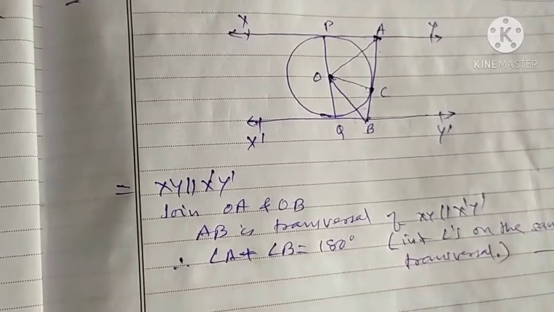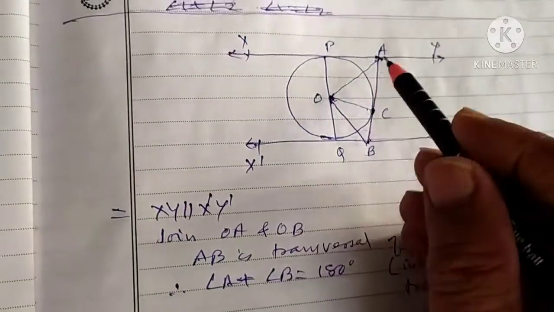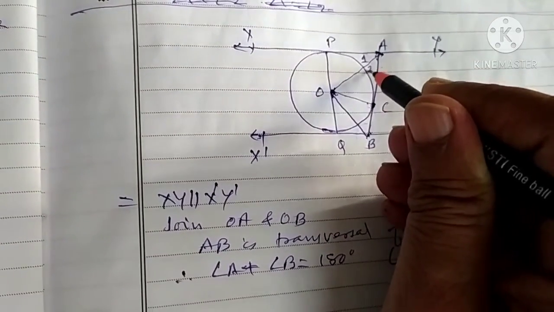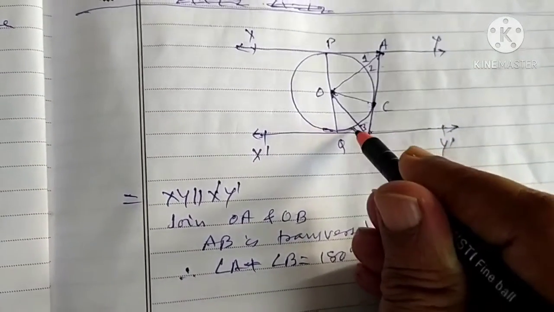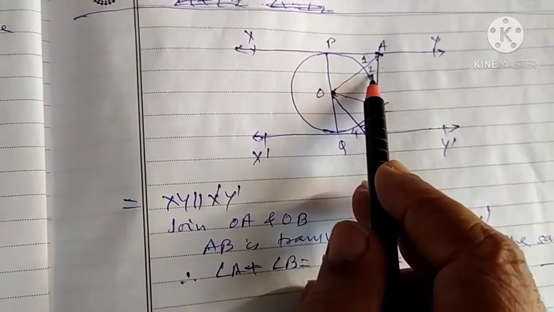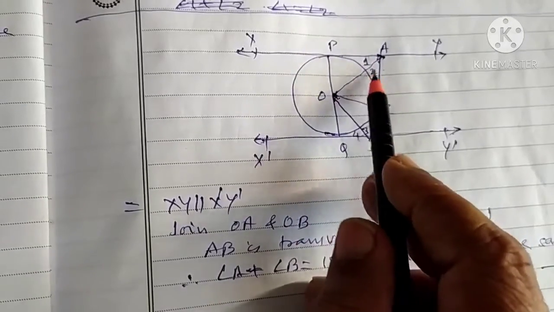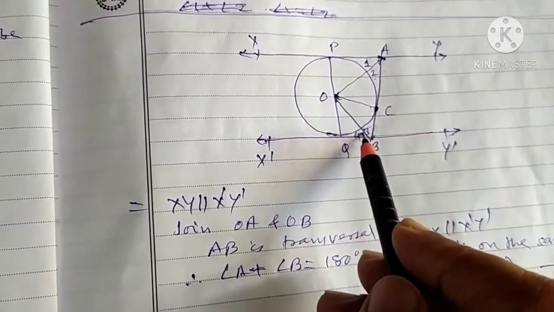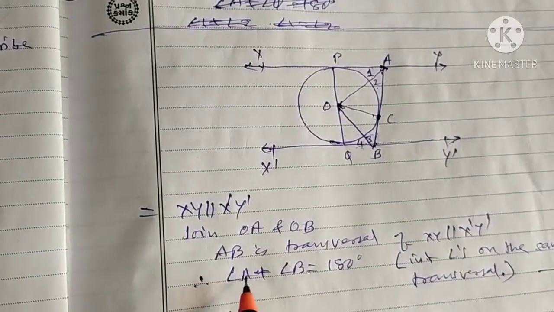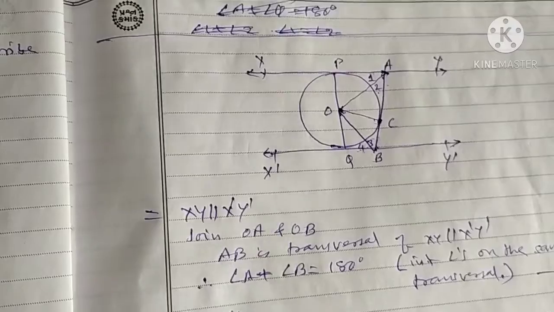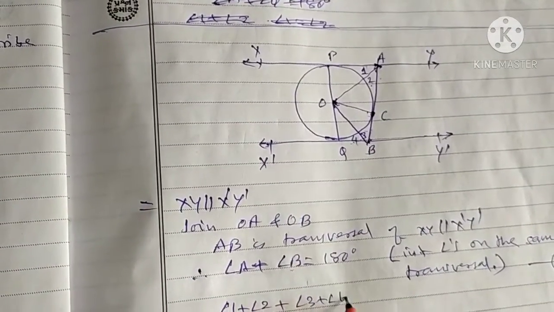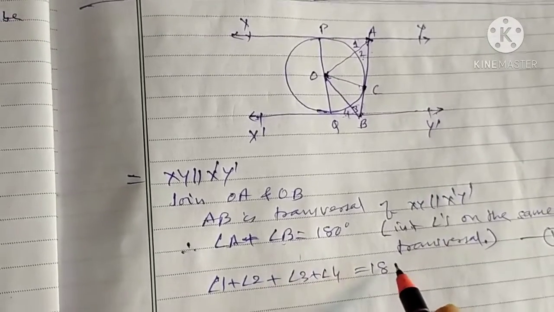Give this number 1. Now students, see, we have joined OA and OB. If I number these angles 1, 2, 3, 4, right? Then angle 1 equals angle 2, because we know equal tangents are equally inclined. Yes or no? Now see, what is angle A? Angle A is angle 1 plus angle 2. What is angle B? Angle 3 plus angle 4 equals 180.